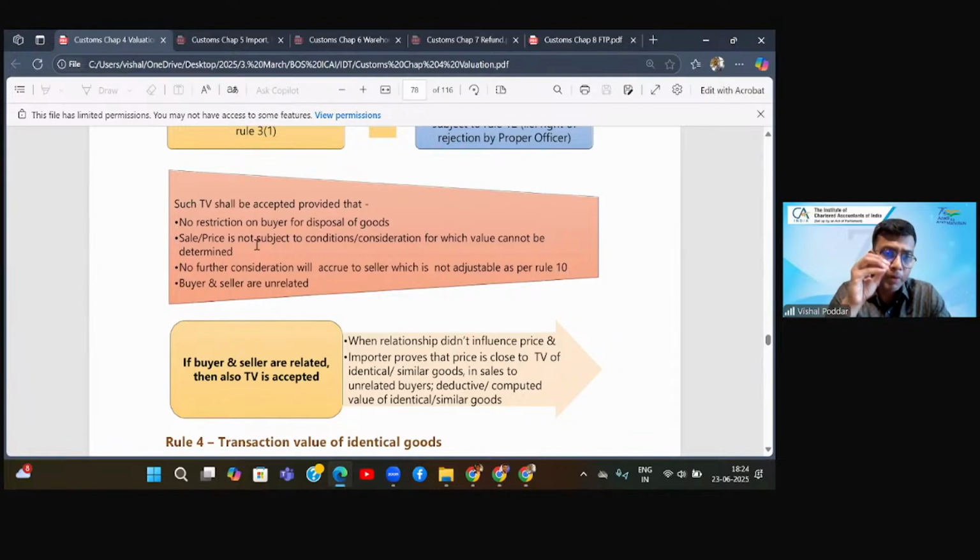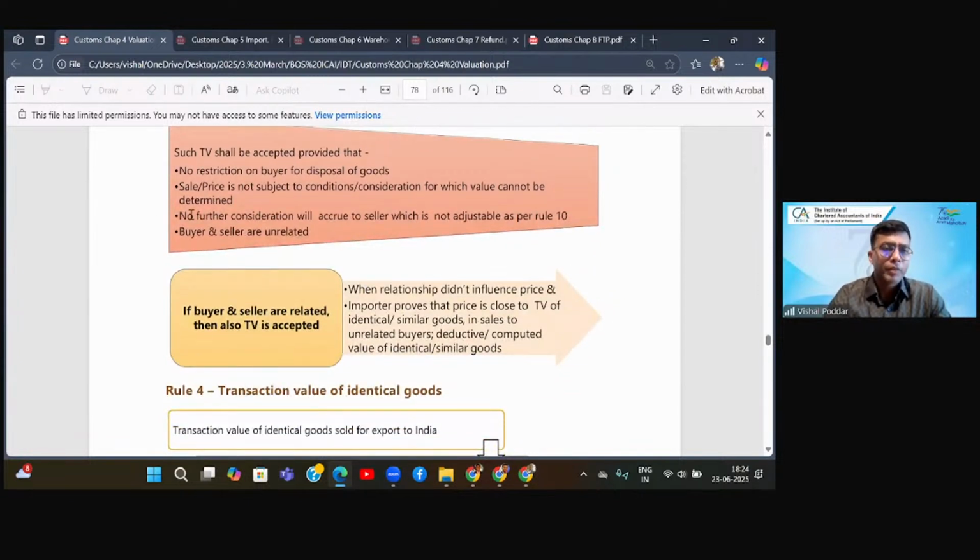If I have put such a condition for which valuation cannot be done, like I say that I'm selling goods to you, in return you have to take care of my family in India for the next 10 years. Now for this, valuation cannot be done. So such value will be rejected. You have to go to other routes.